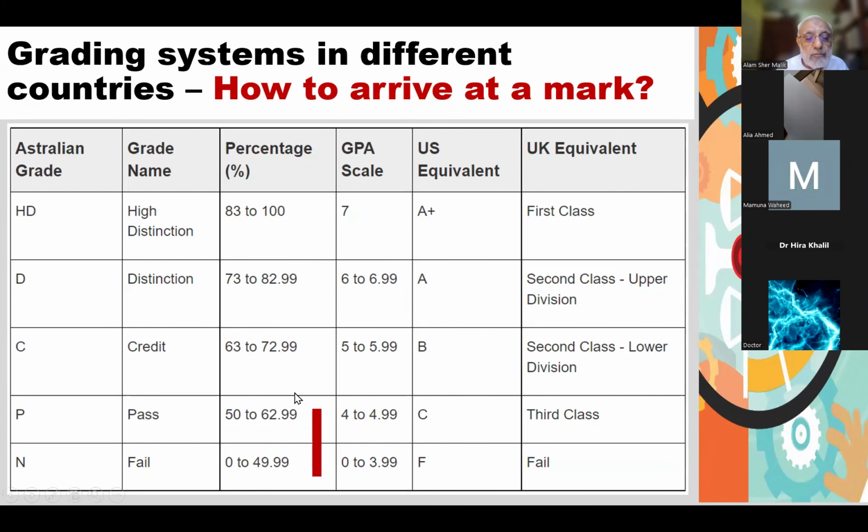Now, the issue here is the pass and fail. How do we decide who is pass and who is fail? Mainly the standard setting system works here, although it can work at other levels as well.